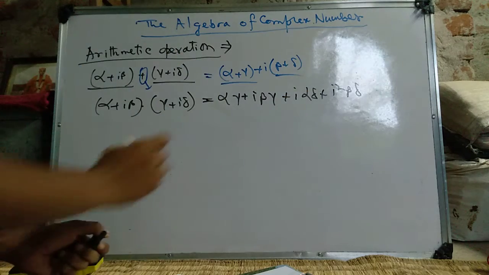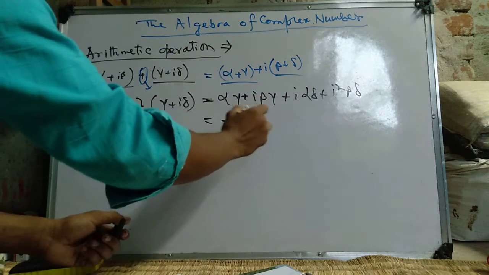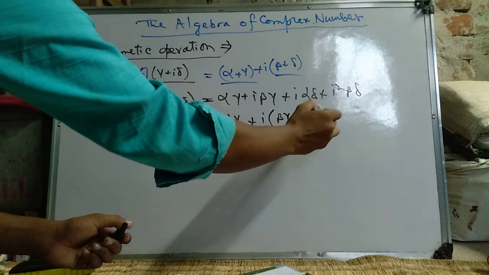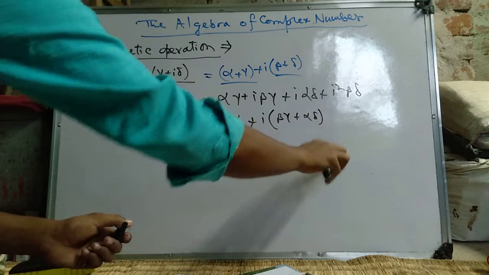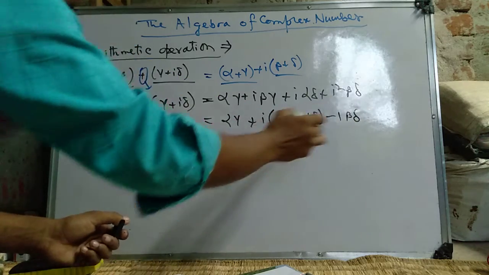So we write alpha gamma plus i times beta gamma plus alpha delta, plus i squared beta delta, where i squared equals minus 1.